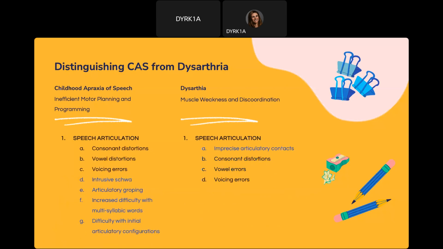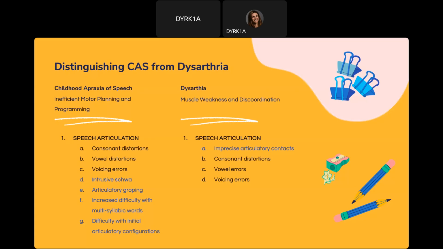And then lastly, for speech articulation, we have consonant, vowel distortions, and voicing errors in both. Consonant distortions are going to be any consonant that doesn't sound super crisp.